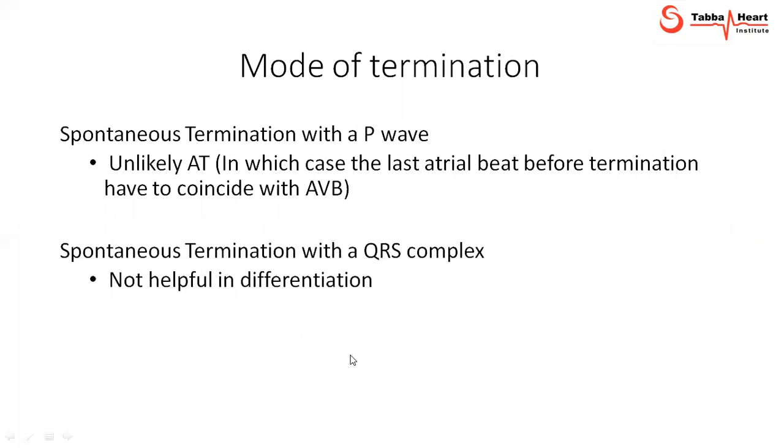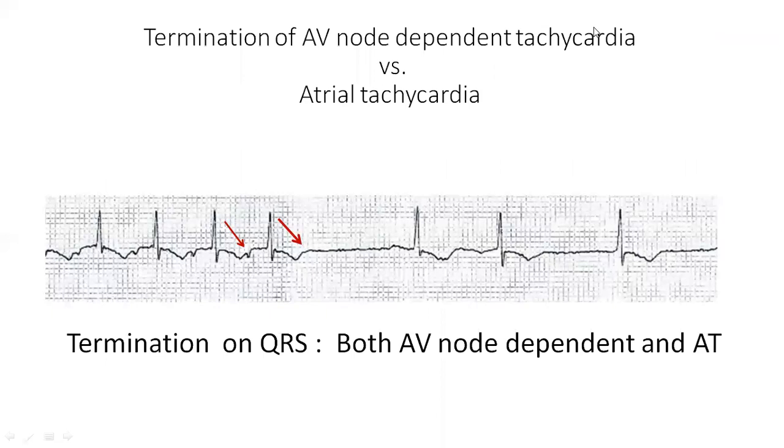If it spontaneously terminates on a QRS, you're not wiser anymore, right? So this is how a termination happens. A patient has this narrow complex long RP tachycardia, and it terminated on its own. This is spontaneous termination and the patient is back in sinus rhythm.